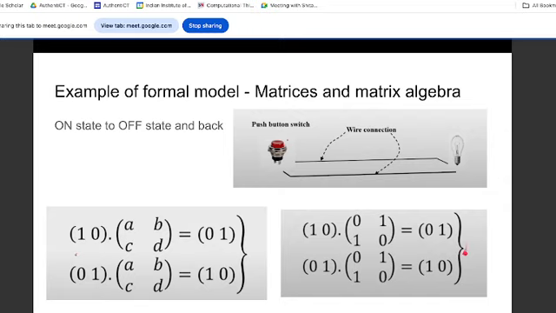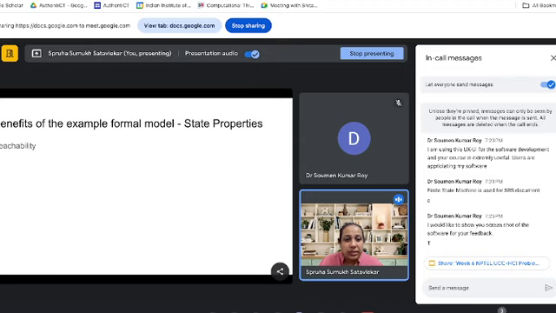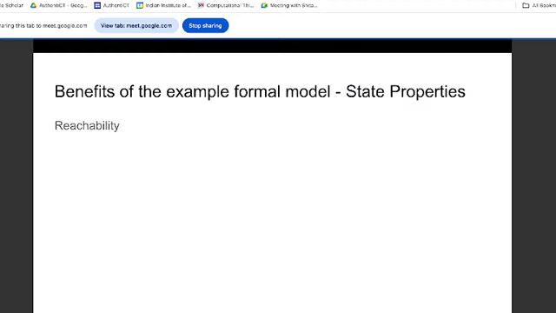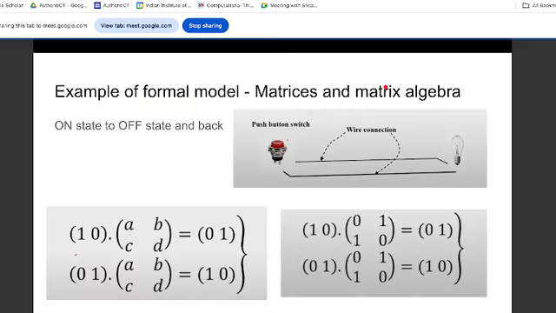Now the limitation of this. Okay, so let's go through the benefits of this first. The first benefit is reachability. Reachability means which states of the component can be reached. Remember, when we are giving this example, we don't have any screen option.